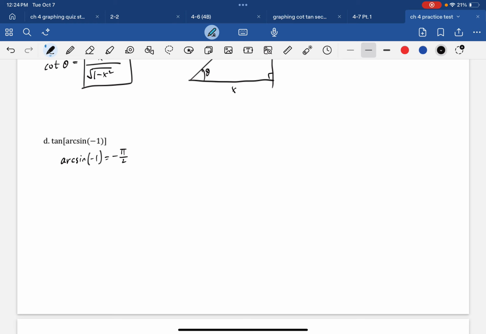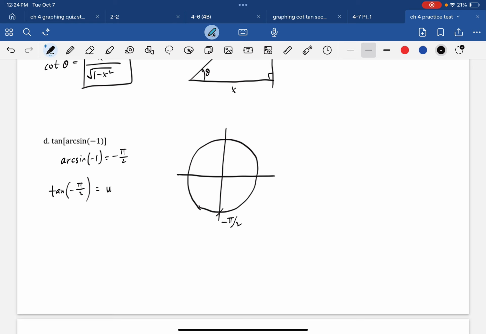So it's easiest just to simply think about what the arcsine would be numerically. We're looking for a point on the circle with y-coordinate -1, so that's only this point, which is negative pi over 2. And so the tangent of that, tangent negative pi over 2, would be -1 over 0, which is undefined. And so that would be our answer.